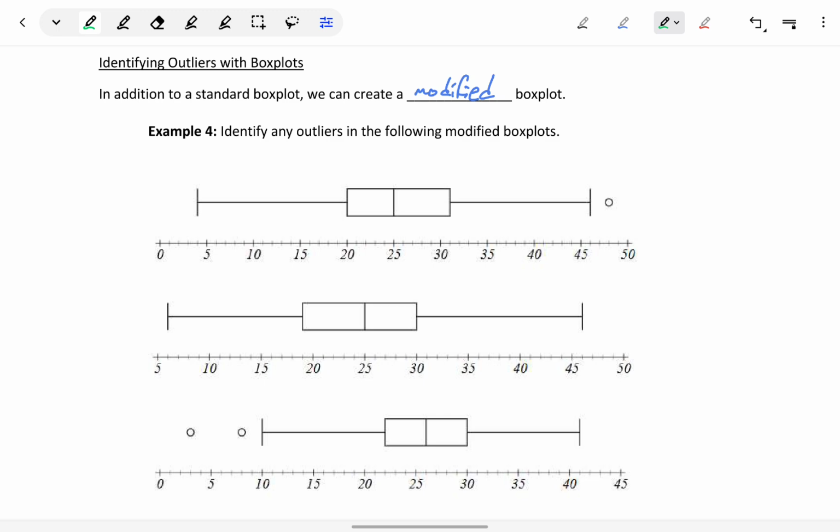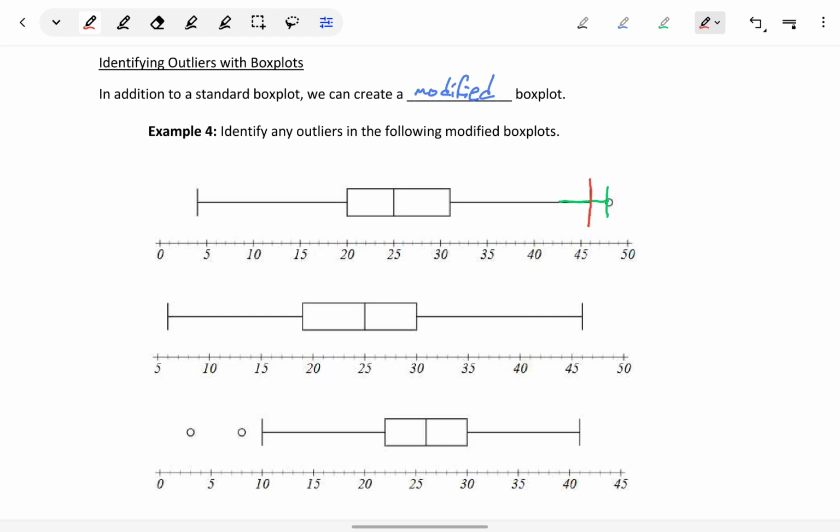So if this was not a modified box plot, for our first graph, this whisker, this line on the right, would continue out further until it hit this circle, and that would actually be where our fence exists. That was if we had an unmodified box plot or just a traditional box plot.